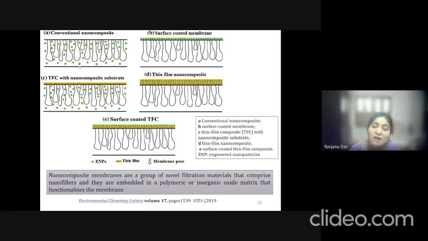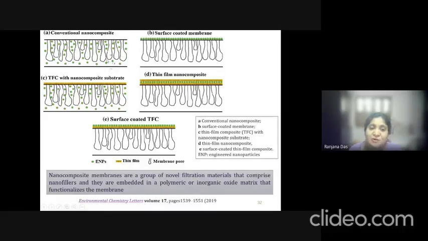So the nanomaterials are distributed along the thickness of the membrane. Whenever the feed is coming from the feed side and passing through the pores, it comes in contact with the nanomaterial, the function happens, and after that we get pure water as permeate from this part.